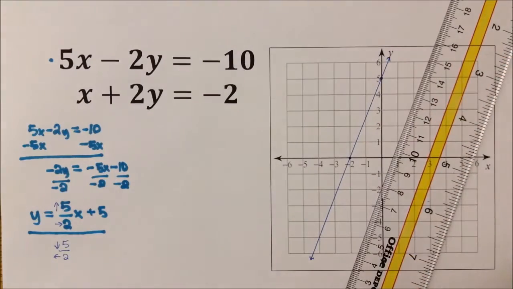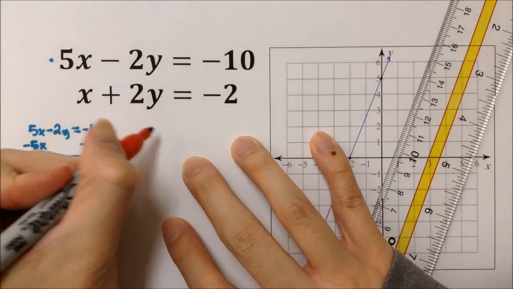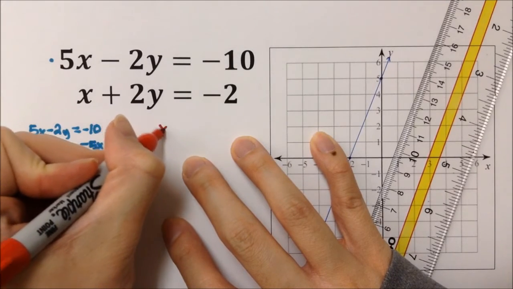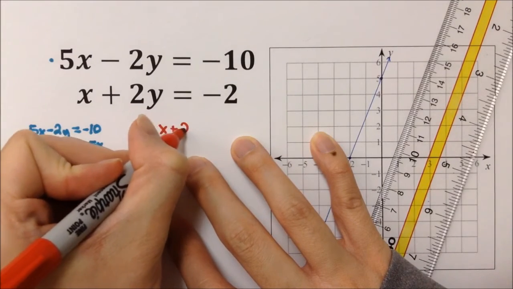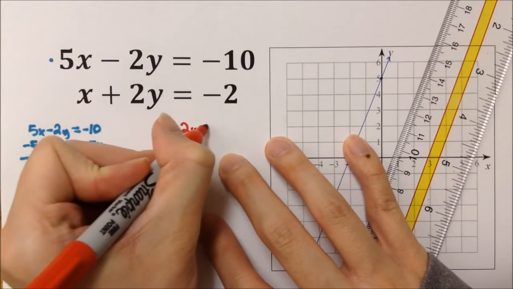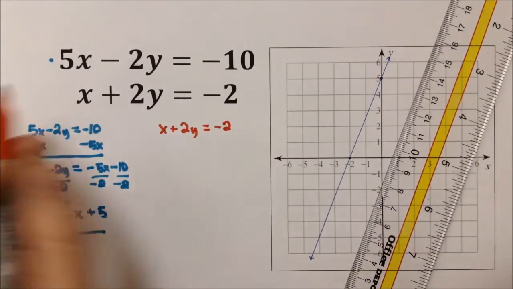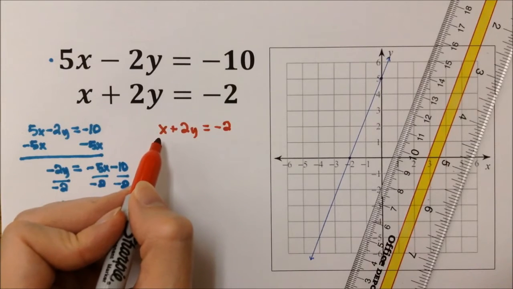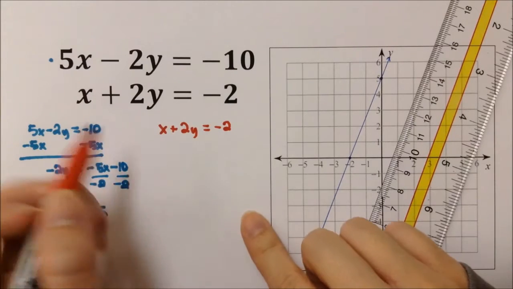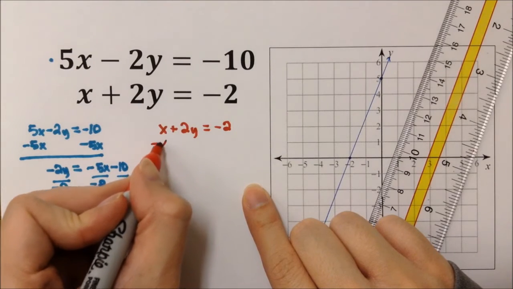Alright, now we're going to work on the second one: x plus 2y equals negative 2. Alright, I want to get 2y by itself, so I want to get rid of the x. So the opposite of positive x will be minus x.